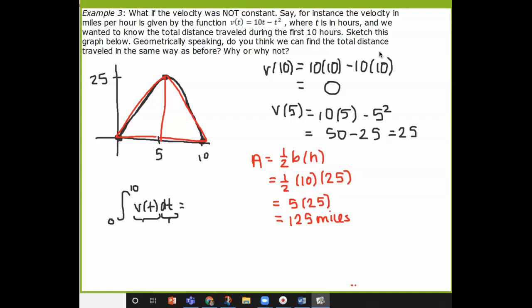One represents your height and the other represents your base. And typically when we think about an integral, we're actually always making rectangles, which is what we're going to look into and discuss today with what we call a Riemann sum, which is a collection of rectangles.